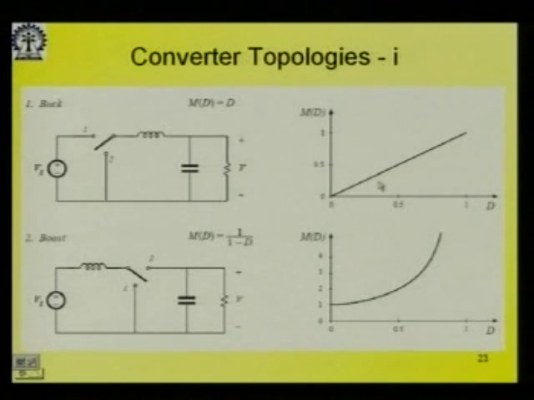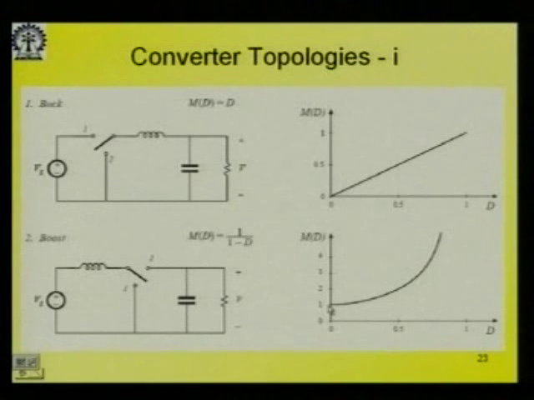As duty ratio increases from 0 to 1, almost, of course, exactly 1 means you are really not switching, which is not the right condition, but theoretically under this condition the voltage will be linearly rising. In a boost converter, whenever D is 0, the magnification is 1.